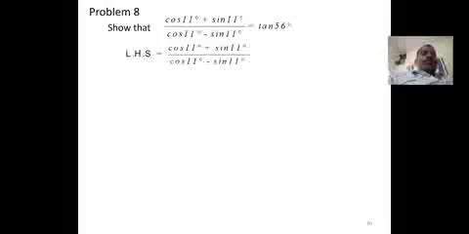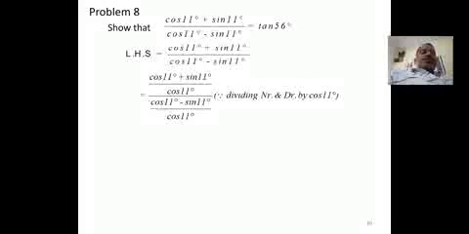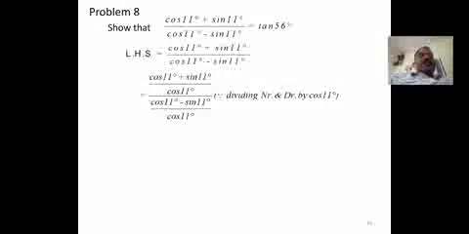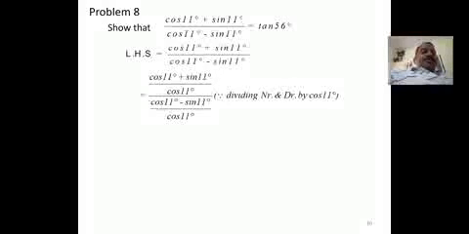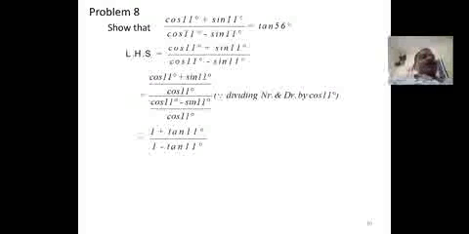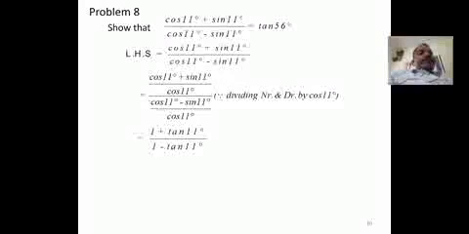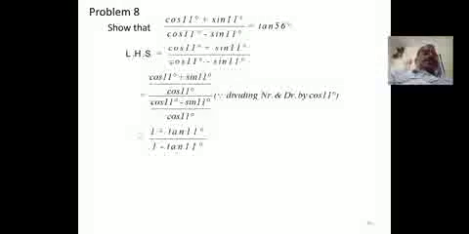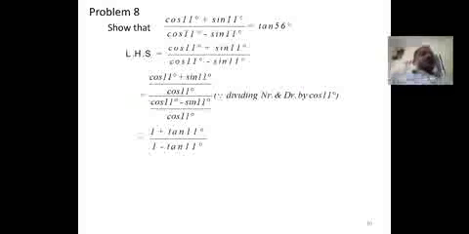Divide numerator and denominator by cos 11 degrees. So cos 11 by cos 11 is 1 in the numerator, sin 11 by cos 11 is tan 11, divided by cos 11 by cos 11 is 1, minus sin 11 by cos 11 is tan 11. It is in the form of (1 plus tan 11) by (1 minus tan 11).